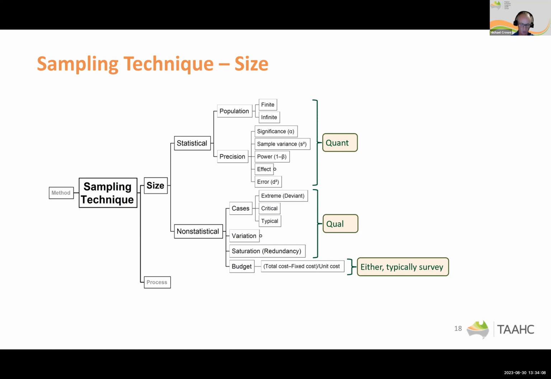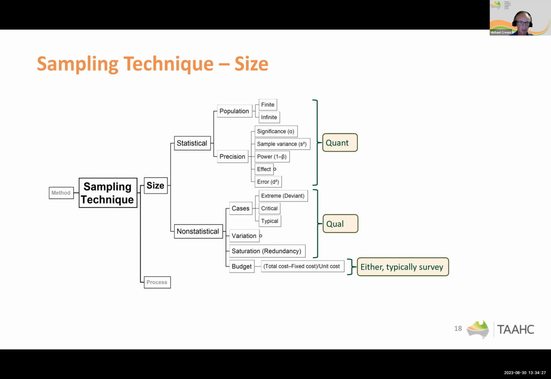One that's used within qualitative a lot is saturation. And that's where you have interviewed so many people that the exact same themes are coming up again and again. So you've hit redundancy, is another word, so there's no need to go talking to more people.